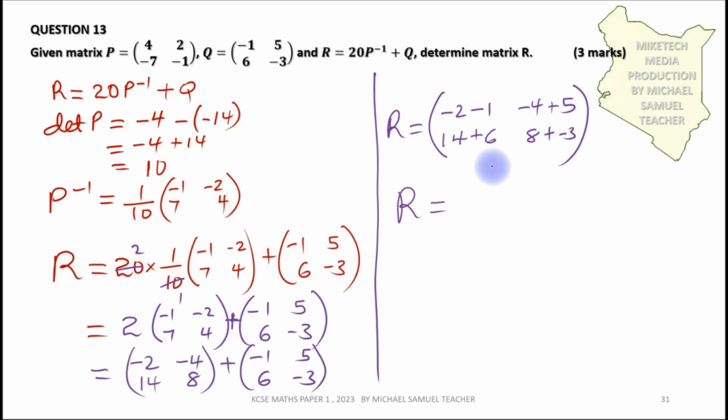So R will be, therefore, minus 3, then 1, 20, and then 5. So that is the matrix R.